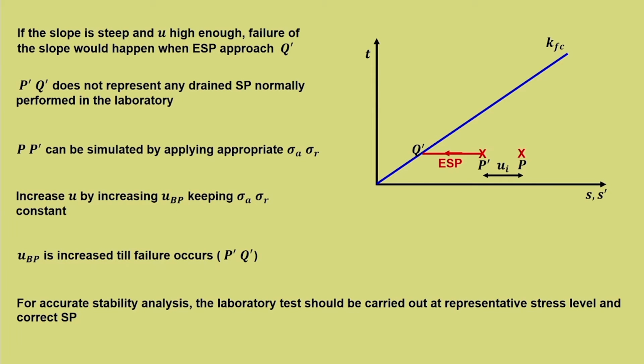So, the stress path plot gives us an opportunity to understand better what is realistic in the field. And if one really wants, we can try to simulate the same condition in the lab and then get the appropriate strength parameters.